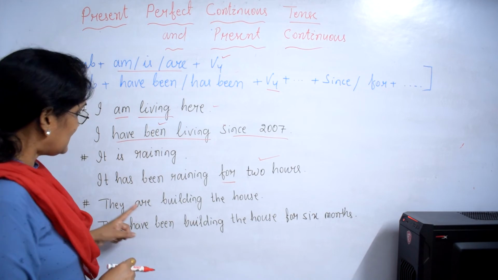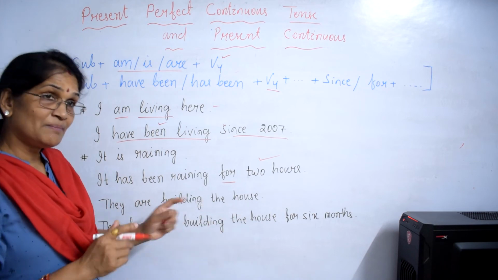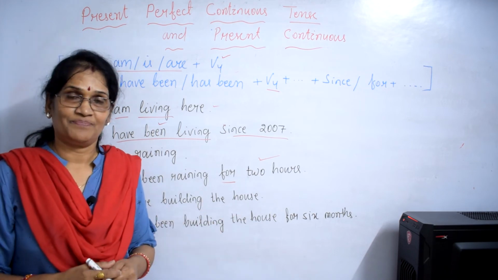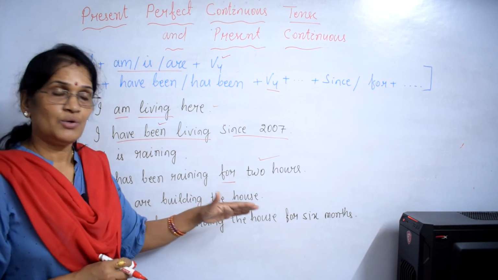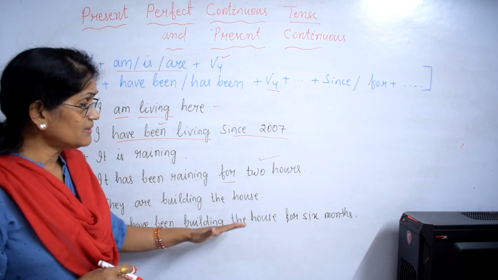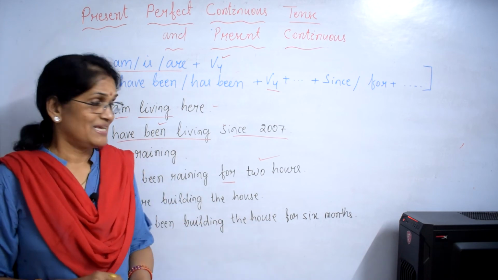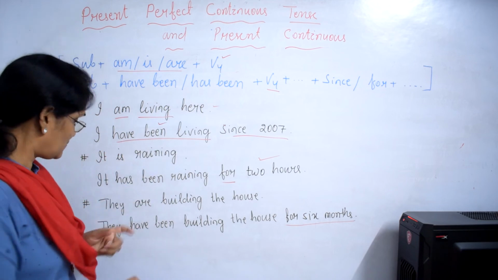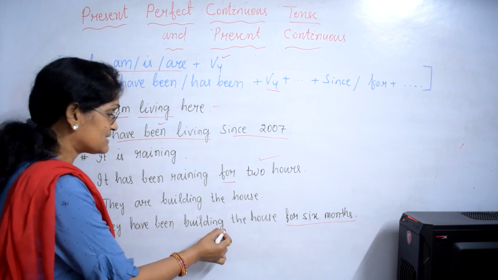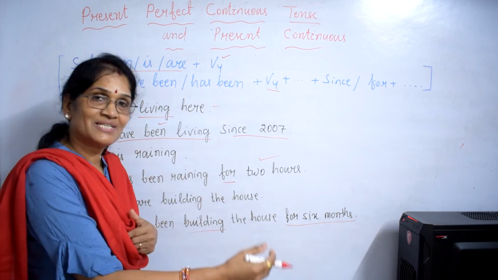They are building the house. That means the work is continuing. There we say they are building the house. They have been building the house for 6 months. When we say for 6 months, that is related to past. That means the building started in the past and is continuing still now.